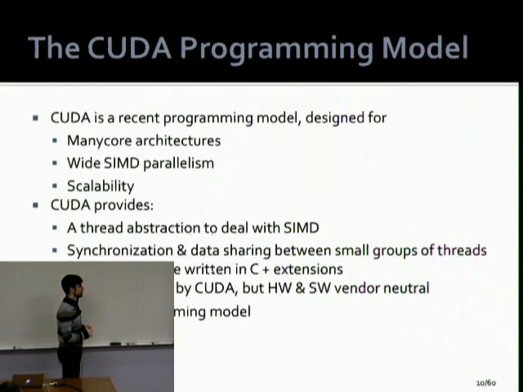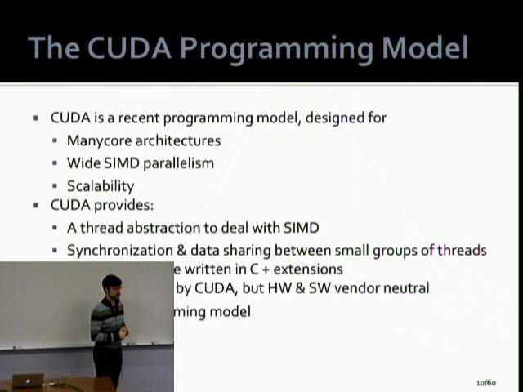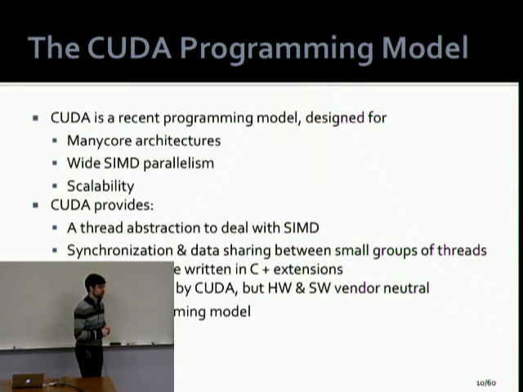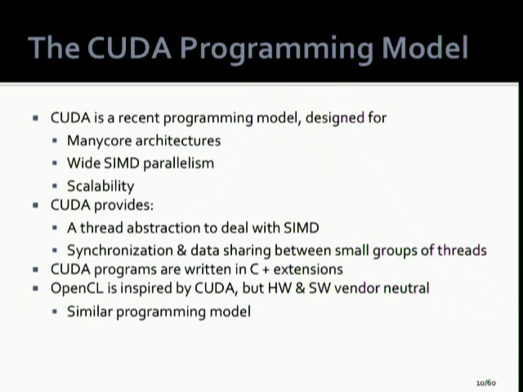The CUDA programming model came out in beta at the end of 2006. So it's not been around for too long, but it has been fairly successful in exploiting many-core architectures and wide SIMD parallelism, and creating scalable binaries that can run all the way from very small chips to very large ones.